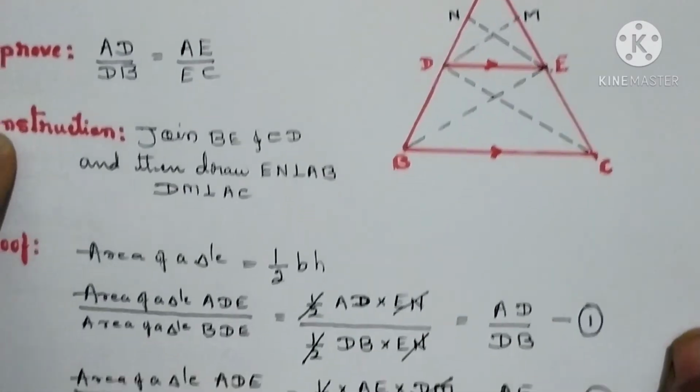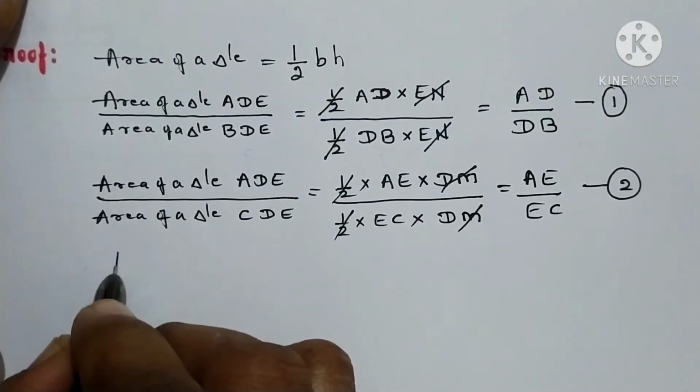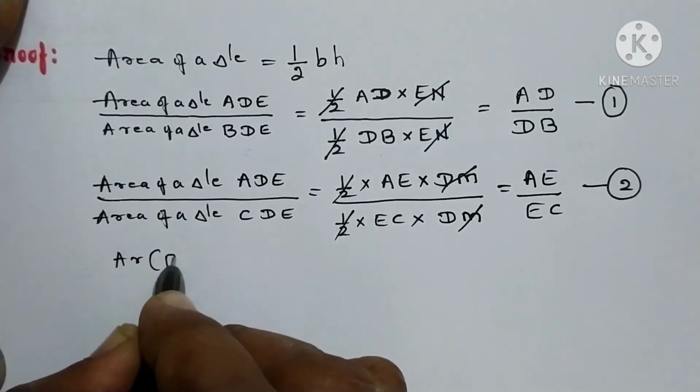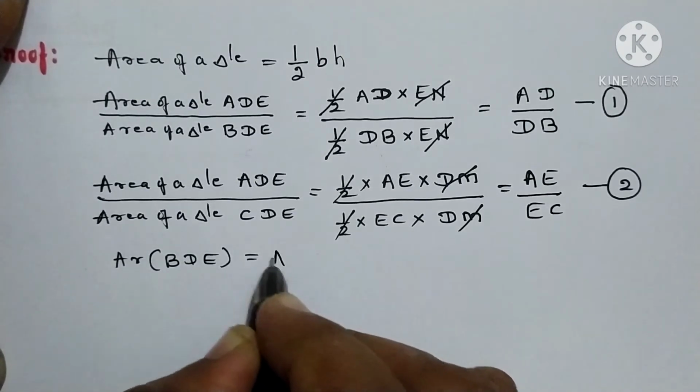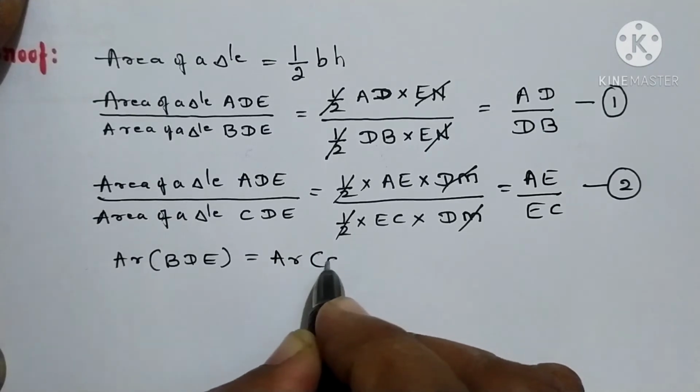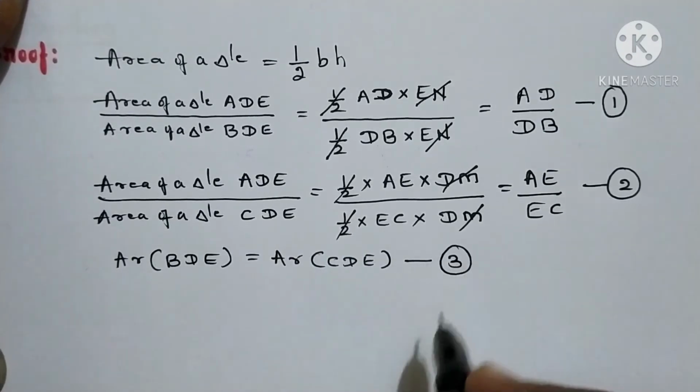That means here, third point, we should write area of triangle BDE is equal to area of triangle CDE. So this is the third point.